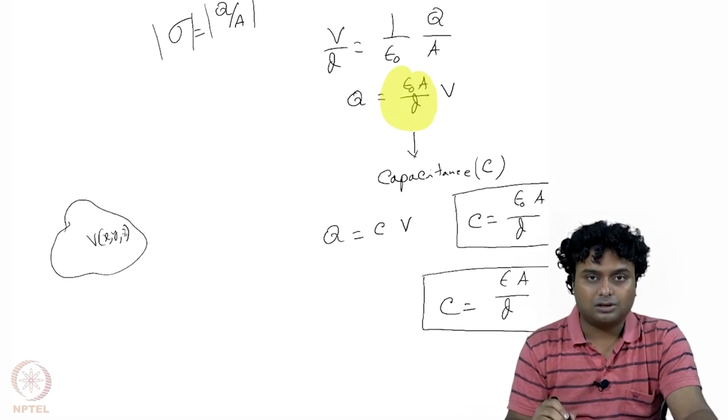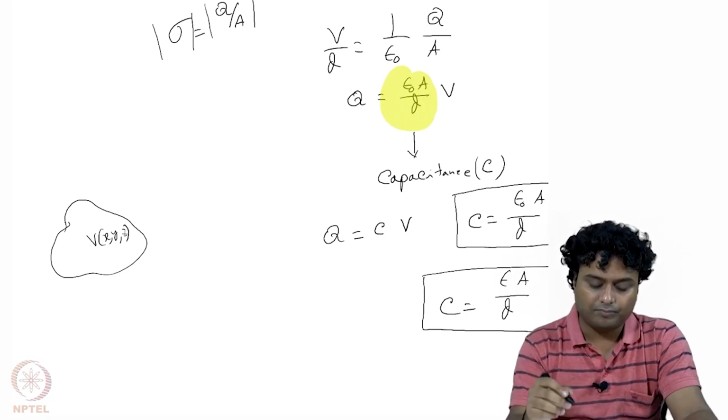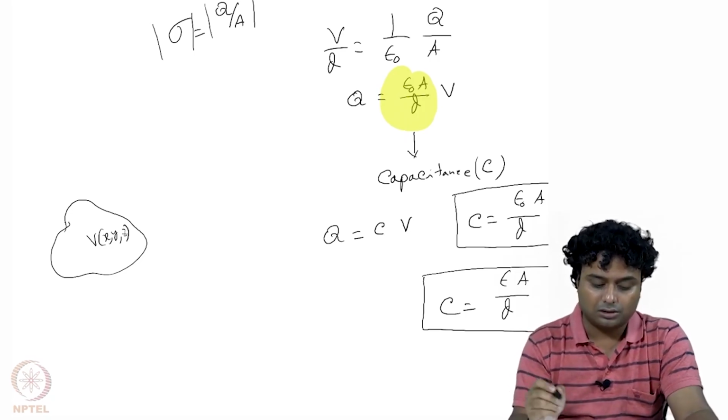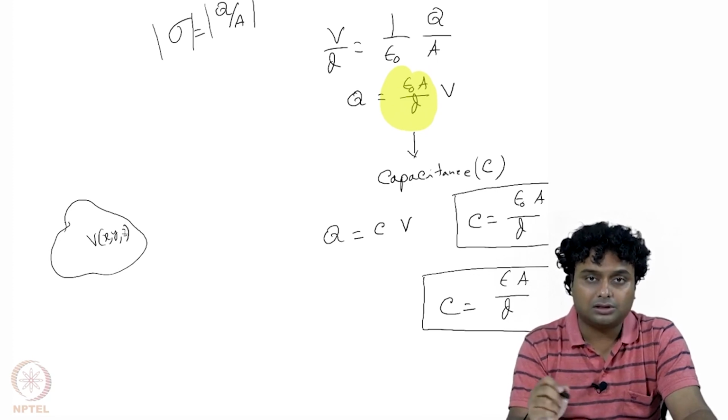So now we will discuss a little more about electrostatics, which may be required for this particular course. As I was saying, the electric field is equal to the first derivative of the potential, dV/dr.